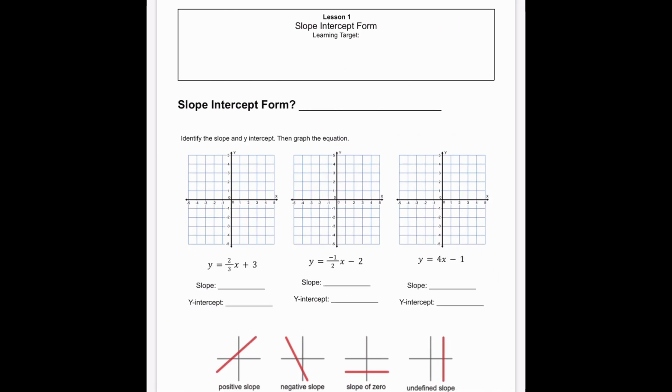To start actually Lesson 1, which is a little bit of review and then a little bit of new stuff. In this lesson, the goal is: I can find the y-intercept from 2 coordinates.